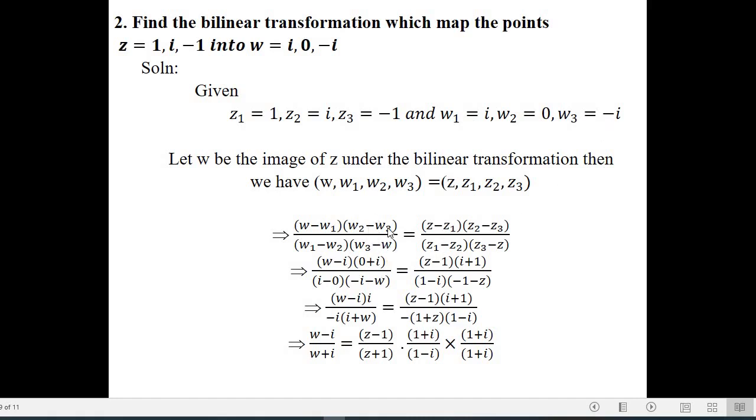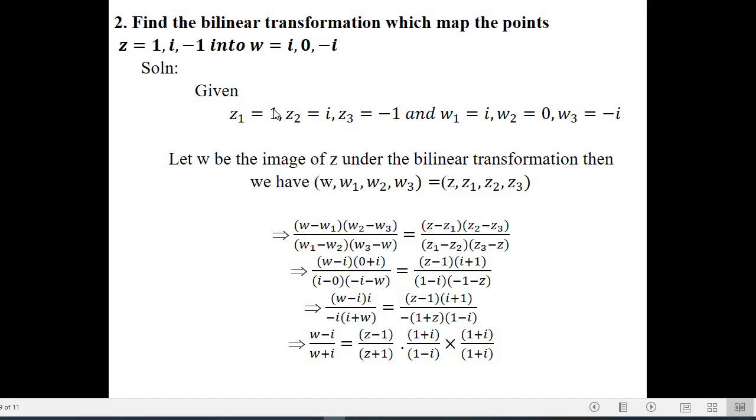In the formula there is a minus and w3 also has a minus, so minus of minus becomes plus i, that is 0 plus i, whole divided by w1 minus w2. What is w1? i. w2 is 0, that is i minus 0, into w3 minus w. What is w3? Minus i minus w, that is equal to the RHS.